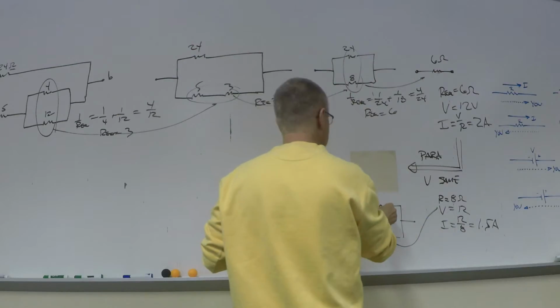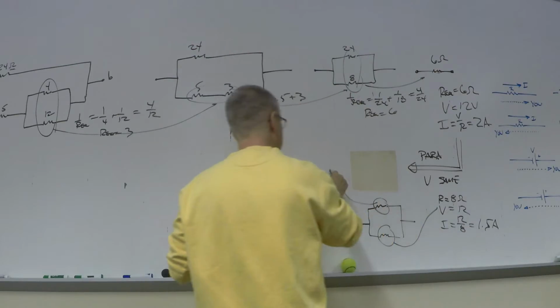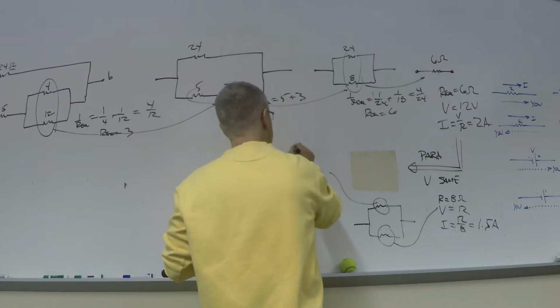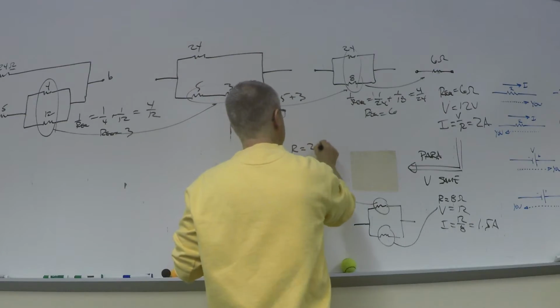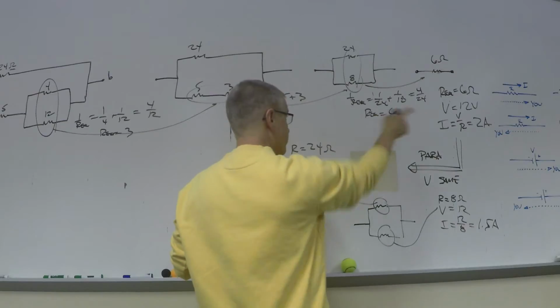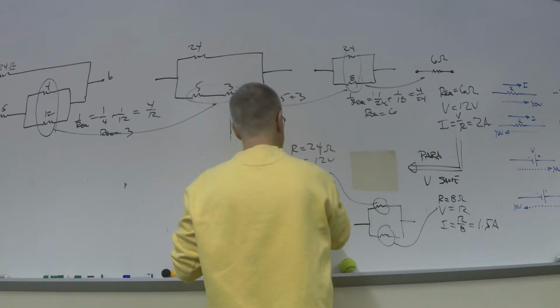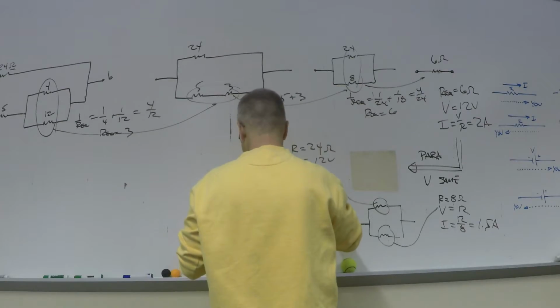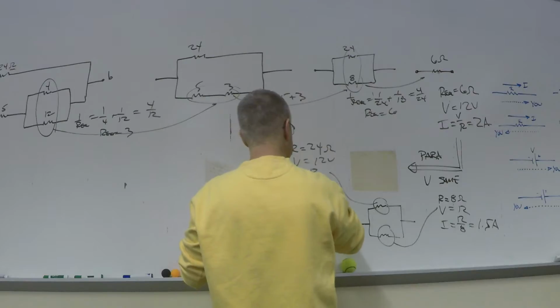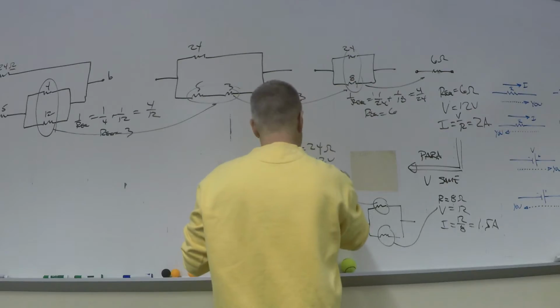For this one, its resistance was 24 ohms, the voltage was the same as I had there, 12 volts, and that tells me then that the current going through there was half an amp.